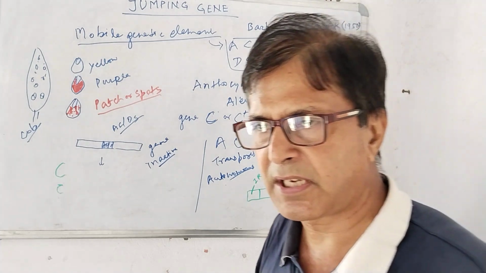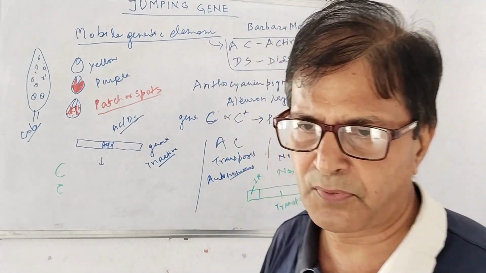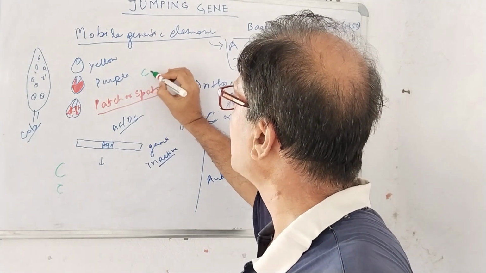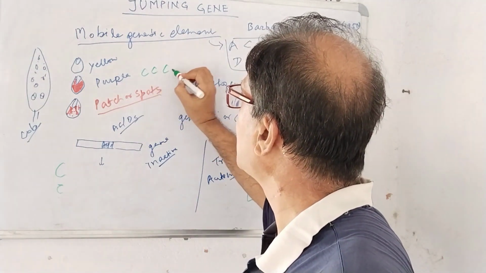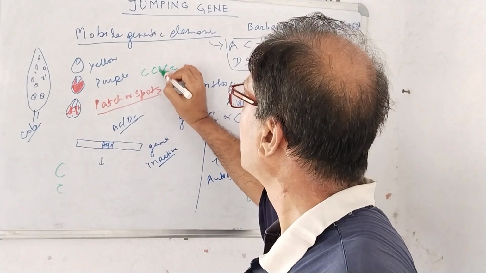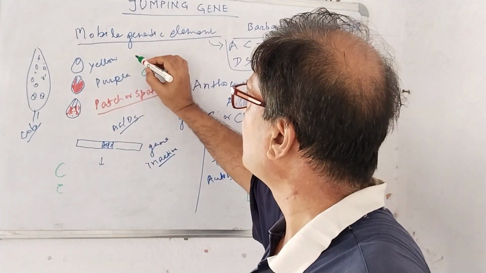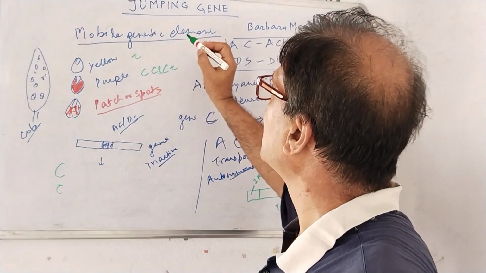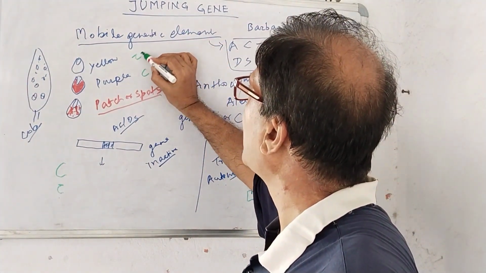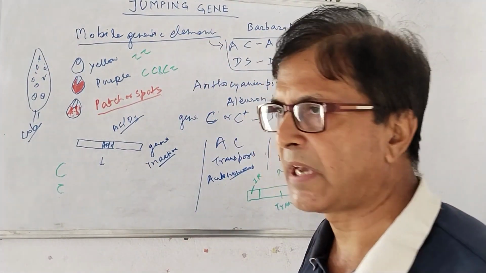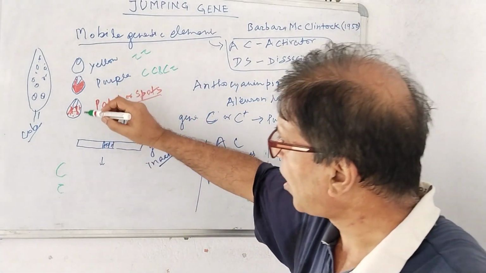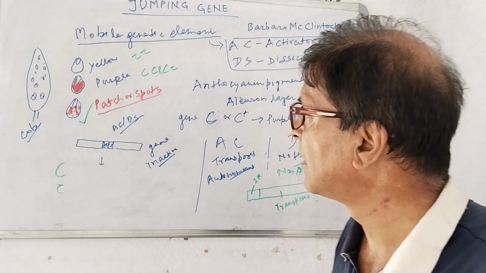Capital C will give you the purple color, and capital C, small c also. And yellow color will be produced by small c in homozygous condition. But how can you explain this?